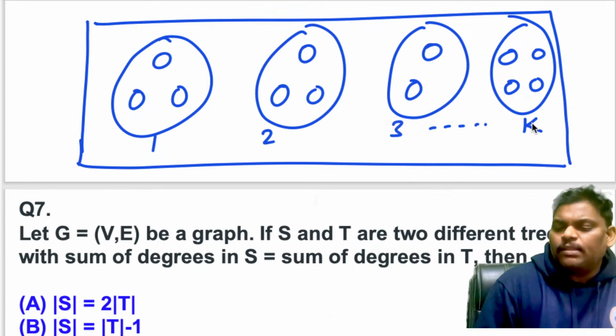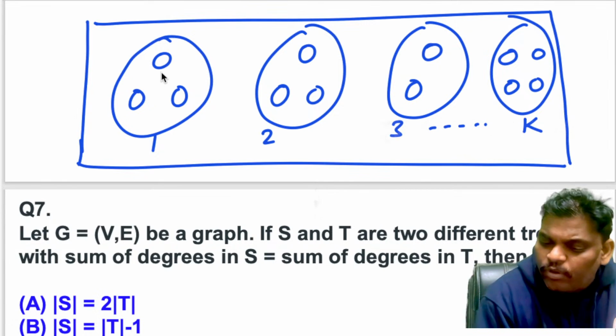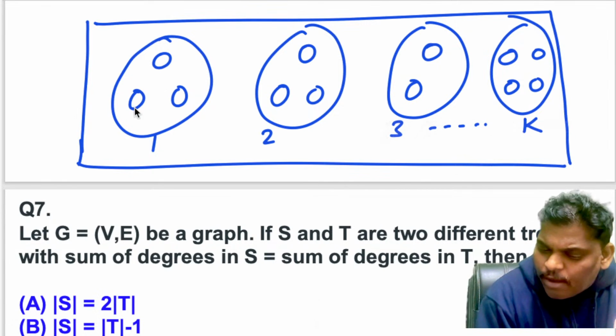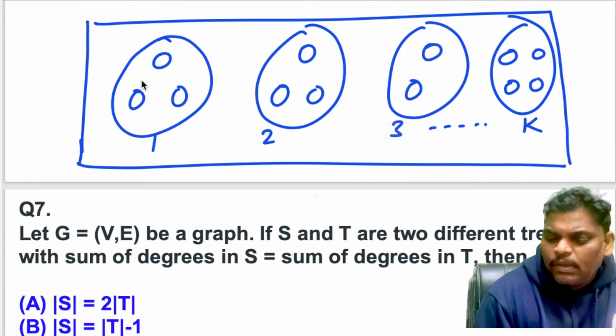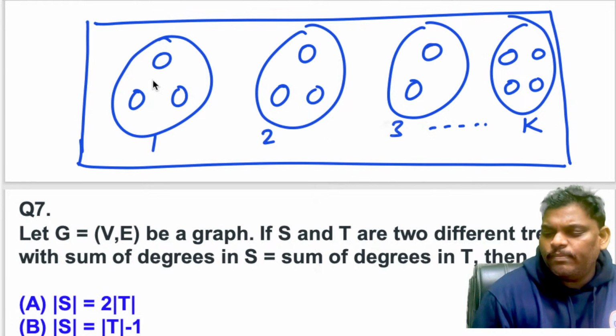And one more thing, listen everyone: when you say component, a component is a connected one. A maximal subgraph which is connected is known as a component.